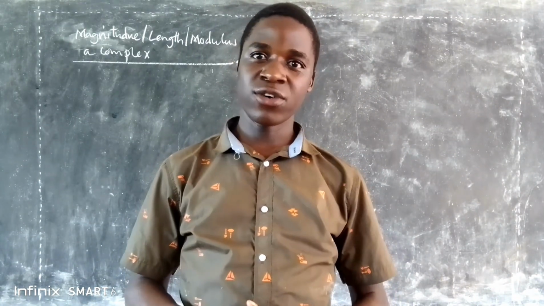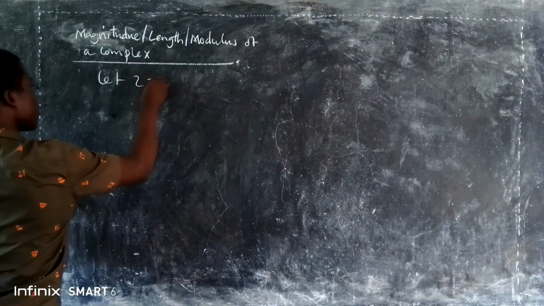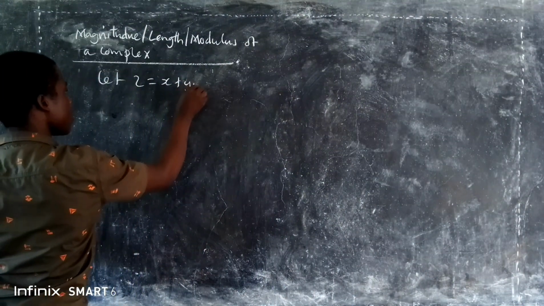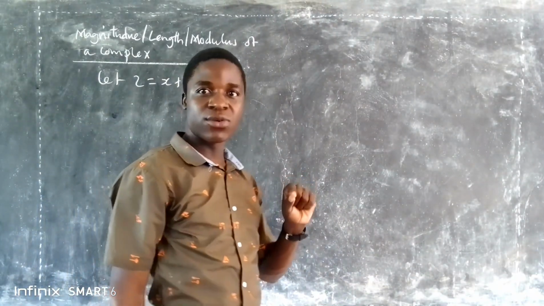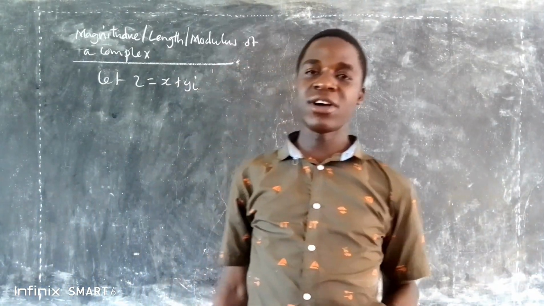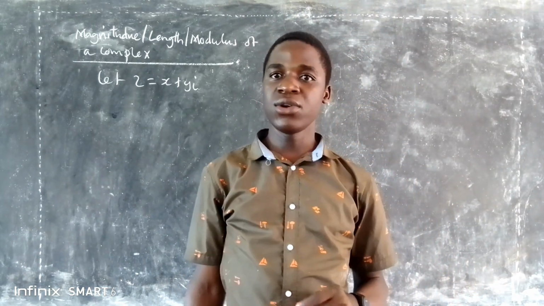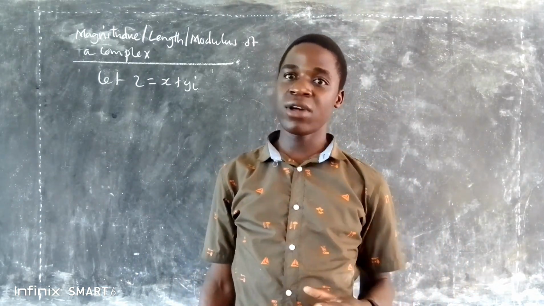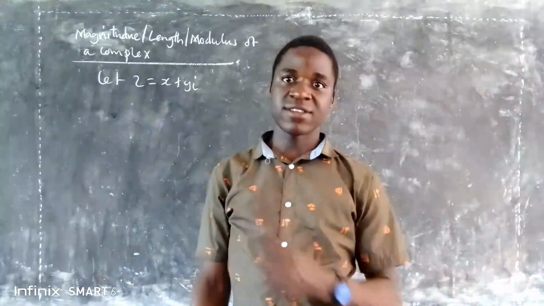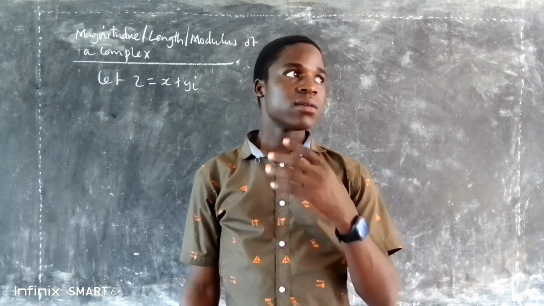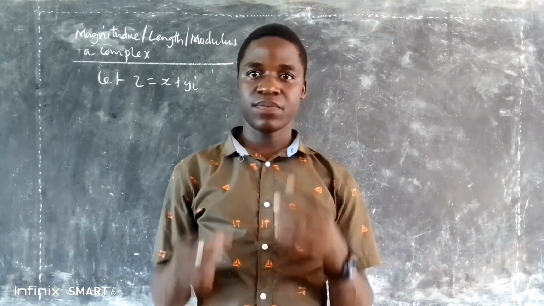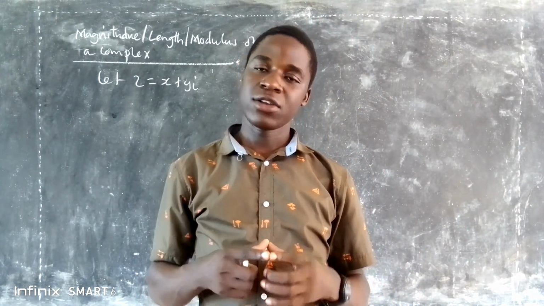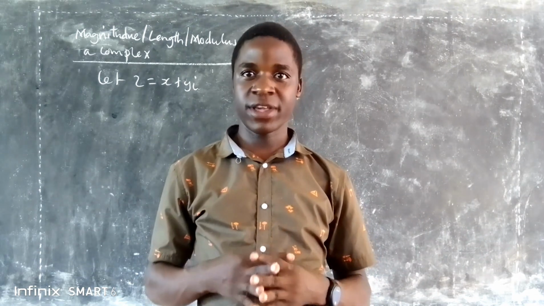Let us assume we have a complex number Z. For us to be able to get the length or modulus of a complex number, we shall use what we are calling a Cartesian diagram. Let us use the Cartesian plane.